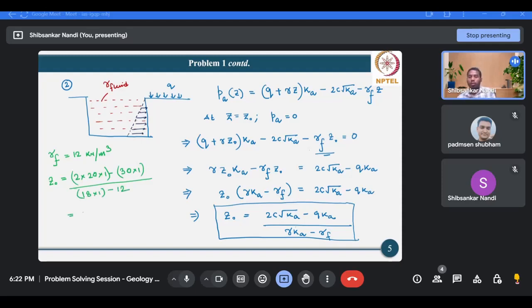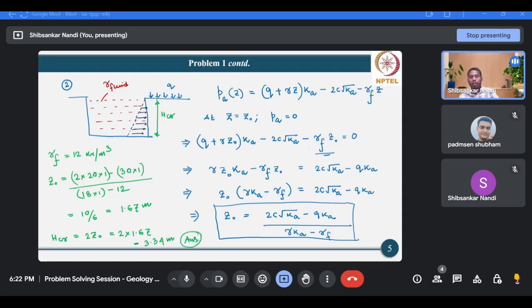That means 10 by 6, which is basically 1.67 meter. So therefore HCR is 2 into 1.67, so that means 3.34. This is the answer to this question.